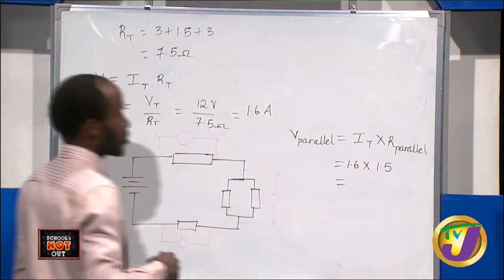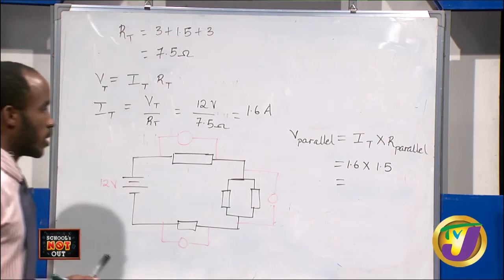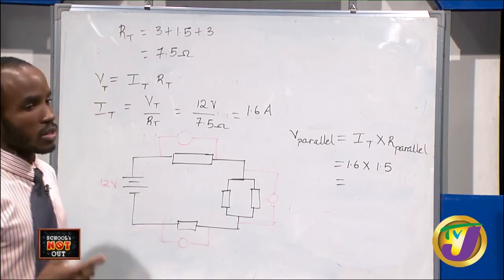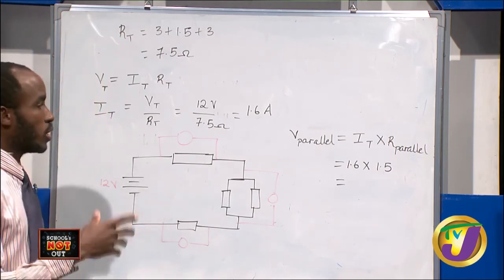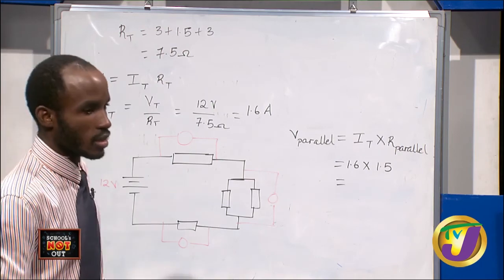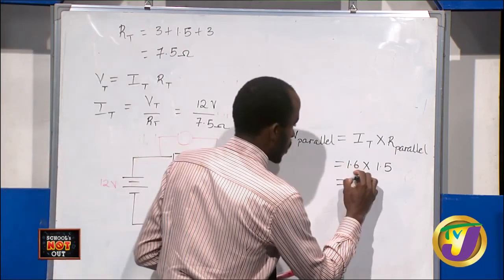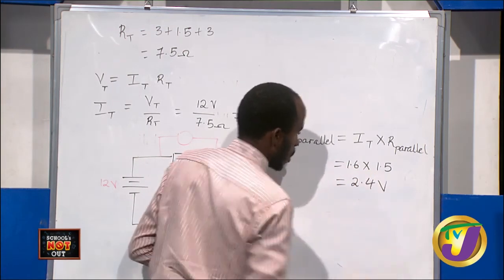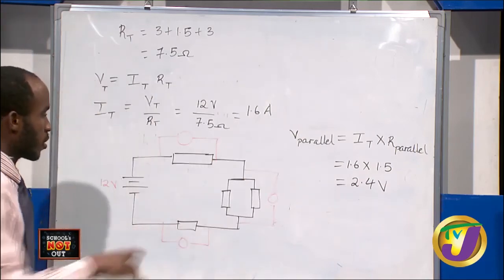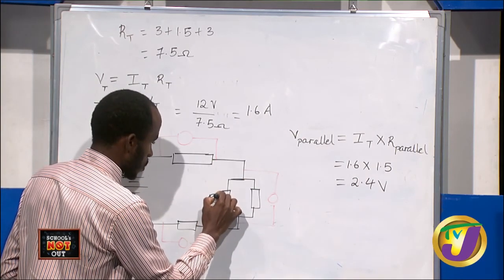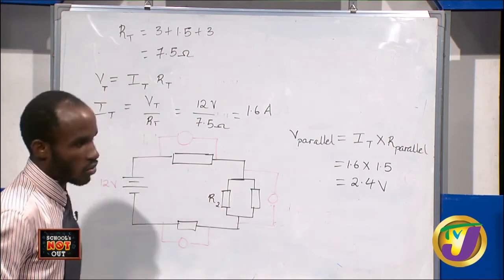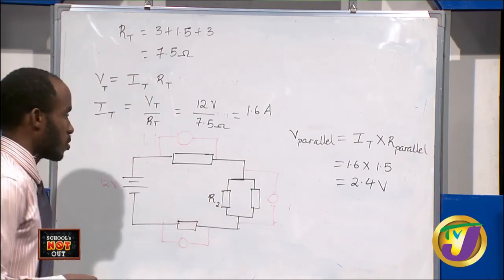All right, so when we put those two together, we can find what the voltage across that would be. And once we know the voltage across that, then we can go to start working on the voltage across R2. This is the one we want right here.